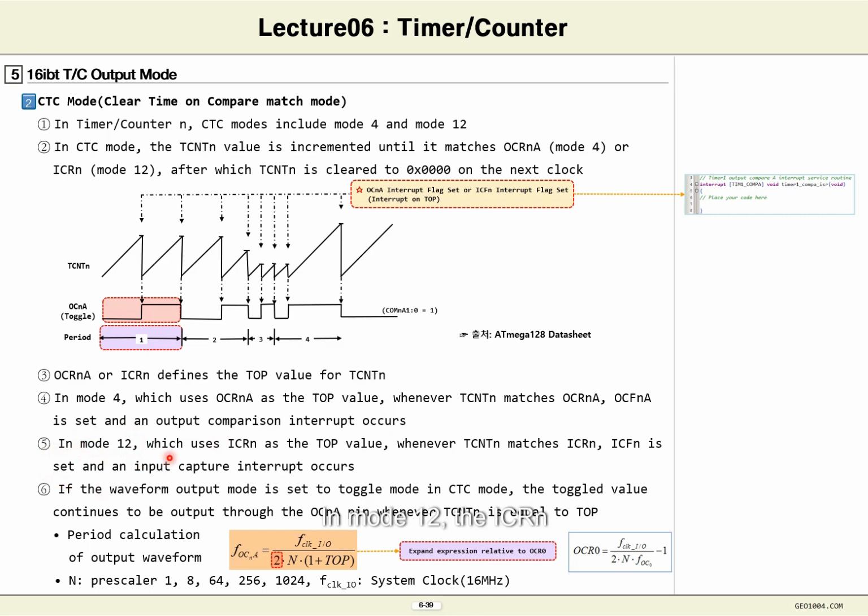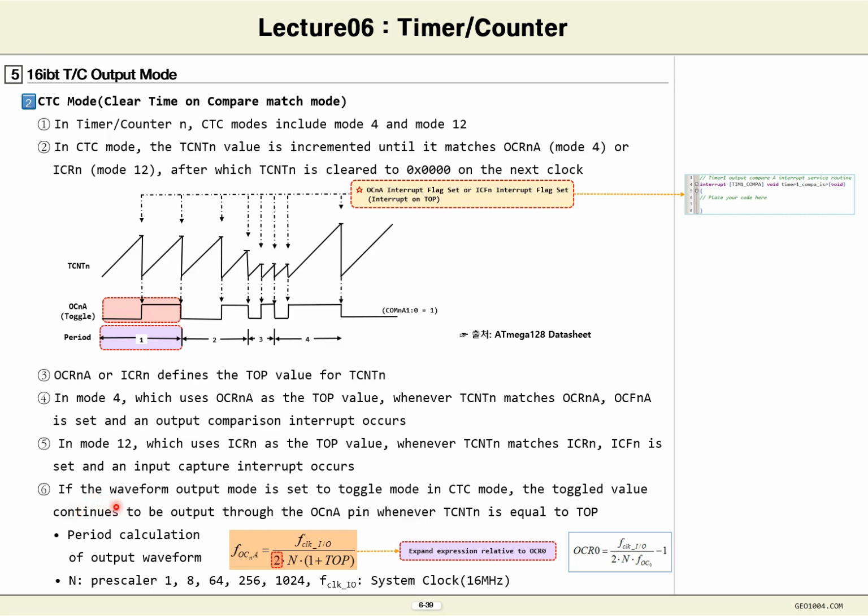In Mode 12, the ICRn value is used as the top value. And when the TCNT value matches, ICFn is set and an input capture interrupt occurs.